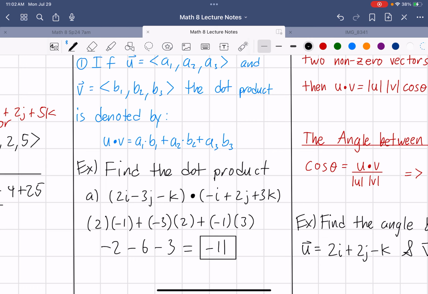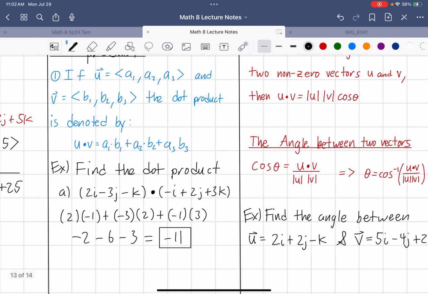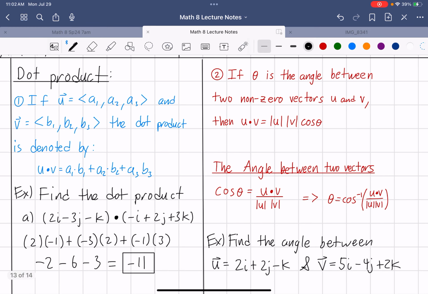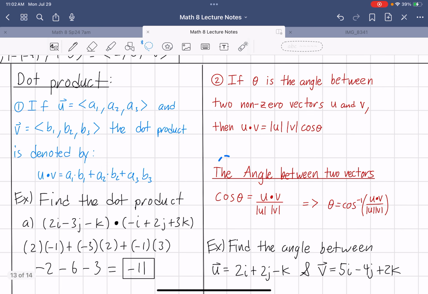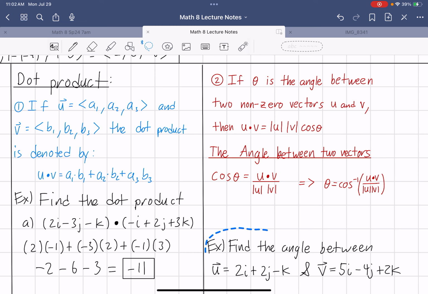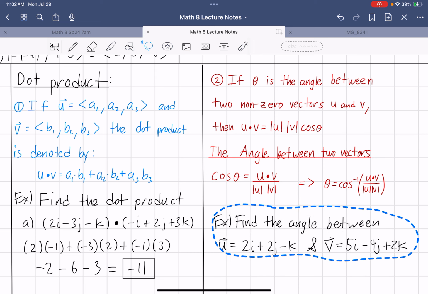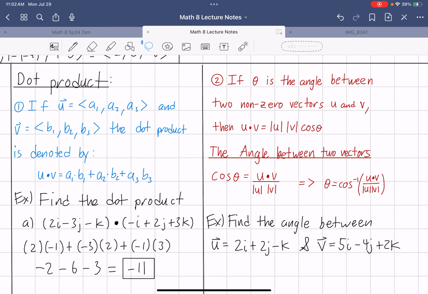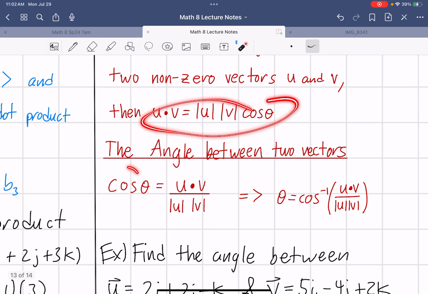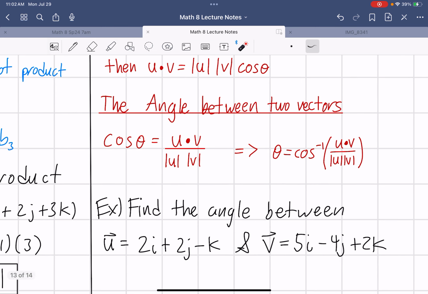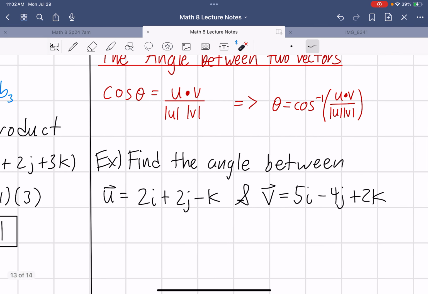Now we learned this version of the dot product to help us with the second version when it comes to finding the angle between the two vectors. So you can either start with this formula, isolating cosine, solving for theta by using cosine inverse, or you can jump right into your cosine inverse.